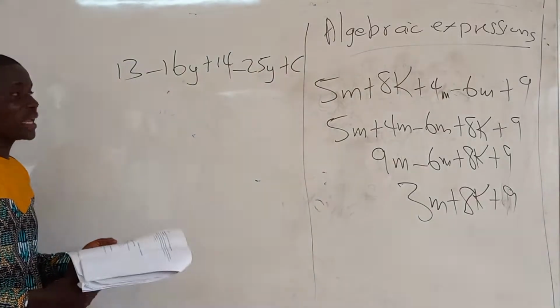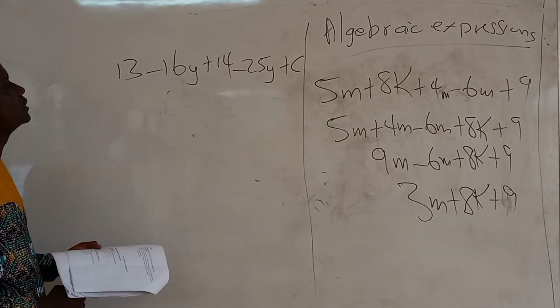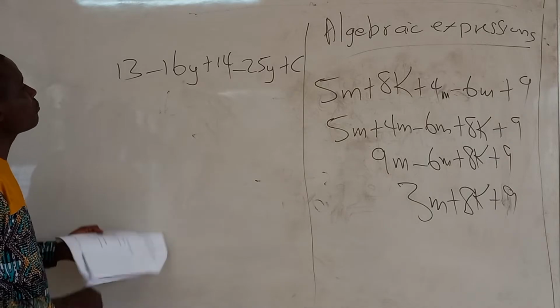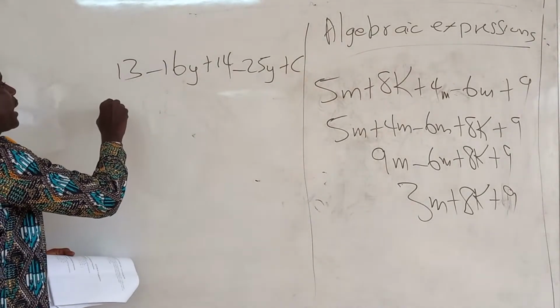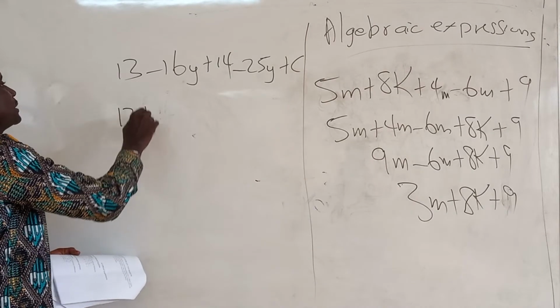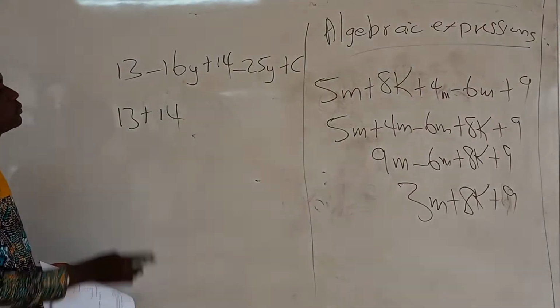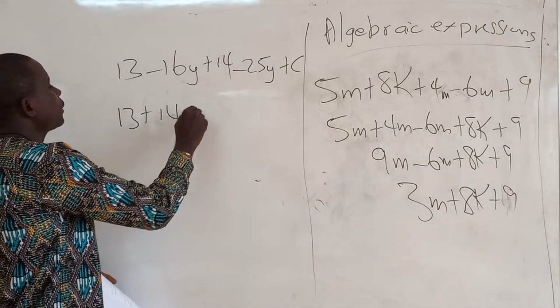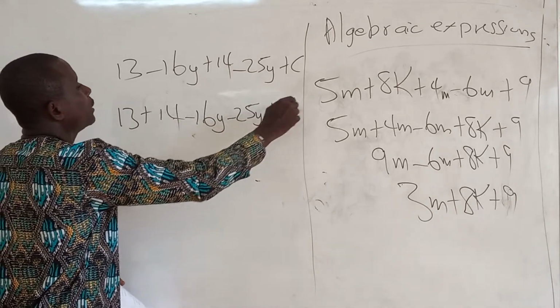Carefully look at it. What do you see? You will see that we are having some letters and then the numbers. So I can say that here I can have 13 plus 14. It doesn't matter the order on the number side. Minus 16y minus 25y plus c.